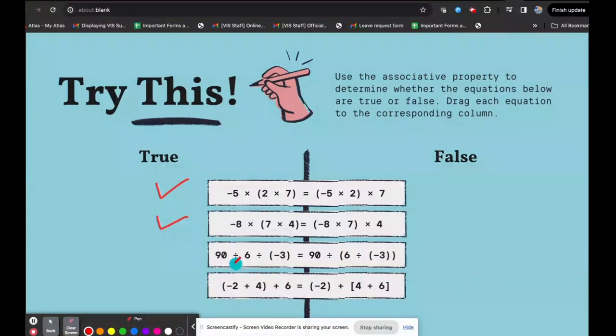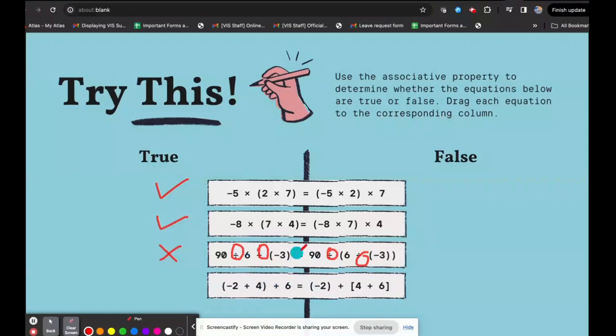Now, here we have the operation division. And remember that this property does not apply to division. So we will not consider this one as true, right? So this property is not applying on division.